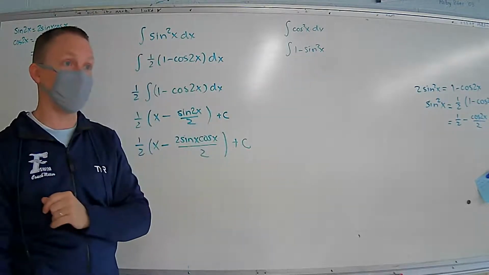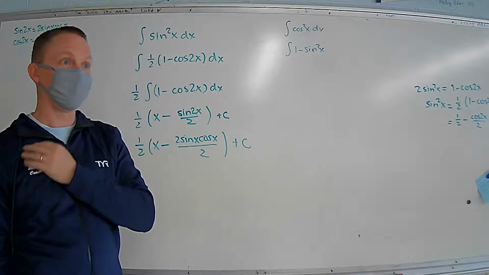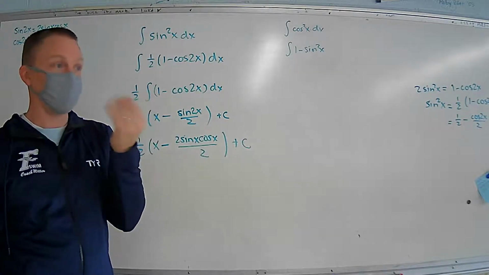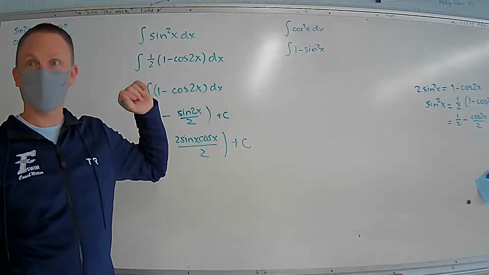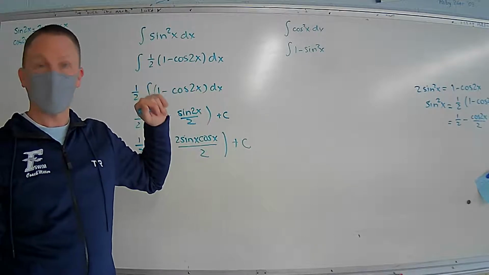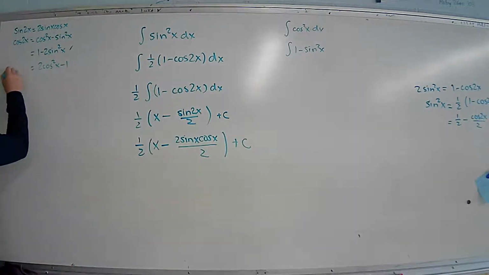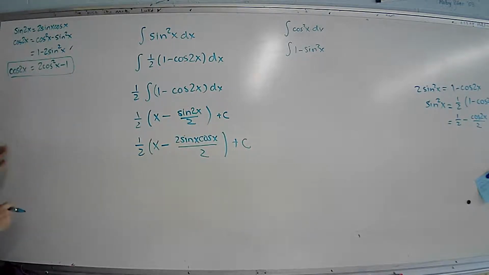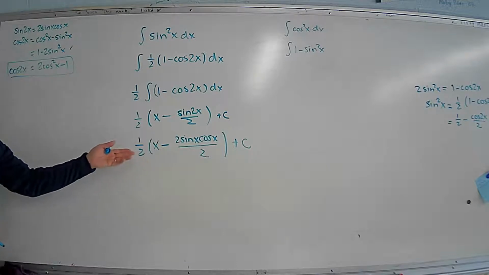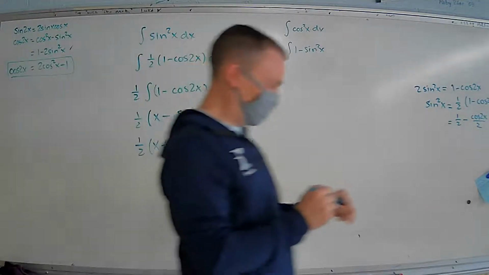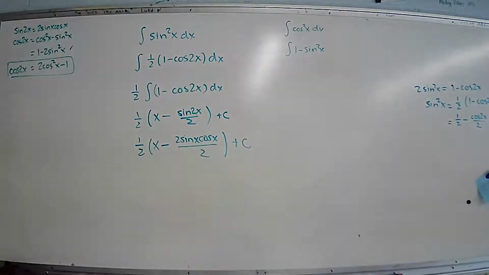There's another, and I didn't think about that, Megan. That's not how I was thinking. When I asked that question, I wasn't thinking you were going to say that as your answer. But that works. Another way to do cosine squared would be to take this identity, cosine of 2x, and instead of solving that for sine squared, solve it for cosine squared. And it's almost going to be exactly like this. Questions on that?